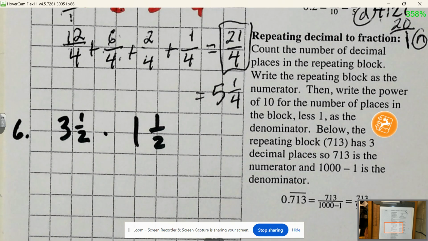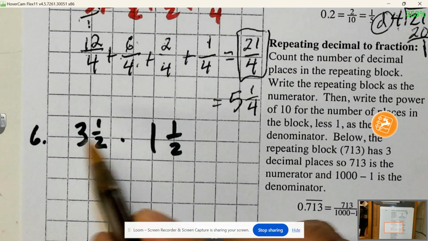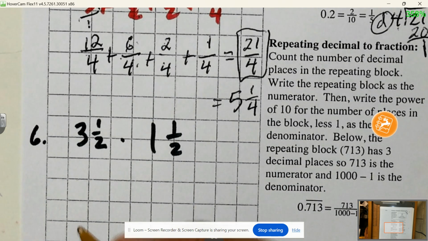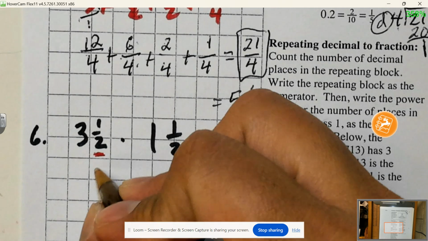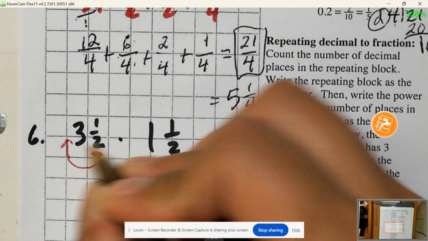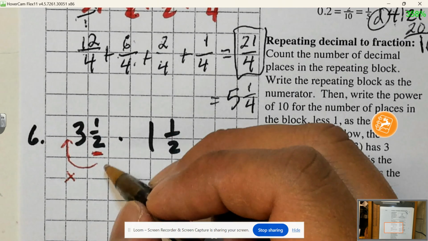First thing we're going to do is write these as fractions. How do you write 3 1/2 as a fraction? In case you've never done that before, we always start with the denominator and go clockwise. We multiply: 3 times 2 is 6.